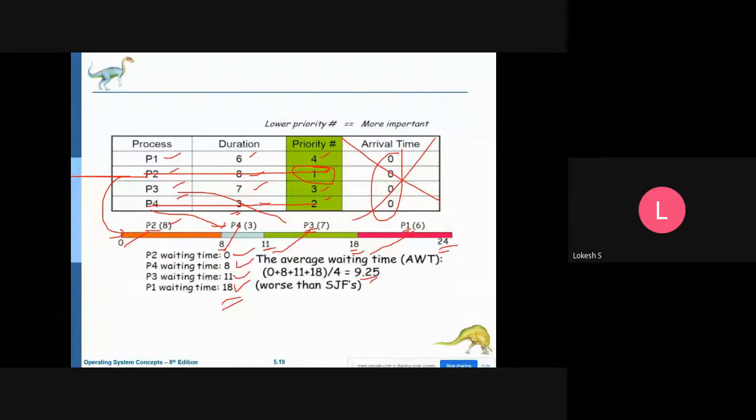Then you need to identify the turnaround time.